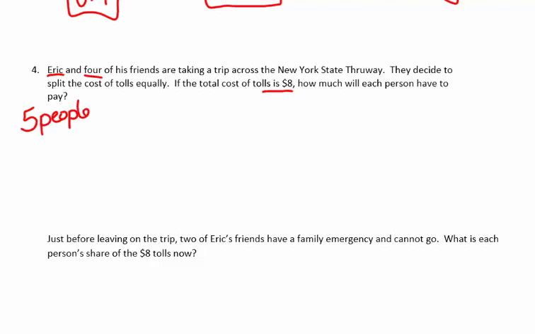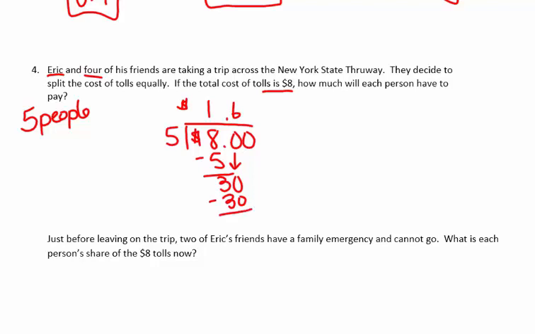And they're sharing the cost of $8. So 5 people divided into the $8. 5 into 30 is 6, which works out to be even. So $1.60 each is how much each person has to pay for tolls.